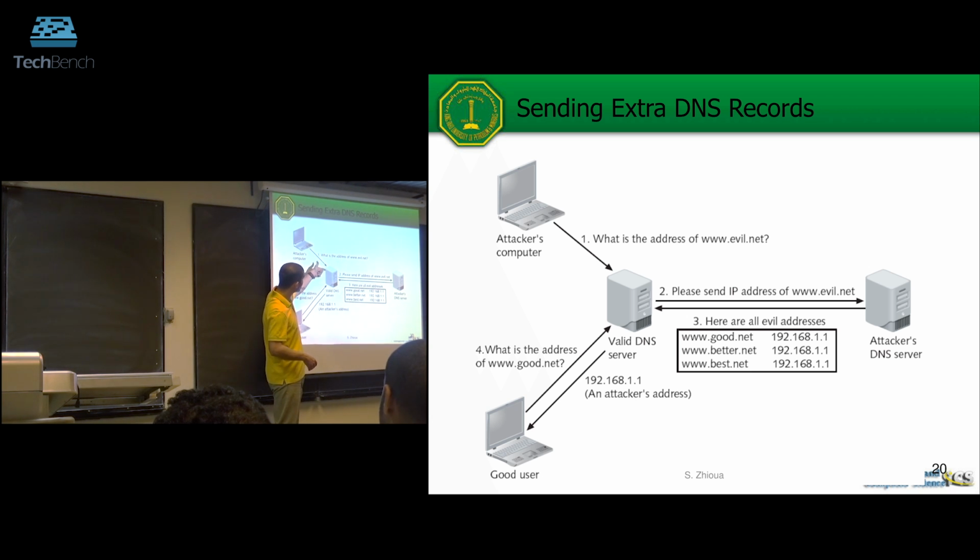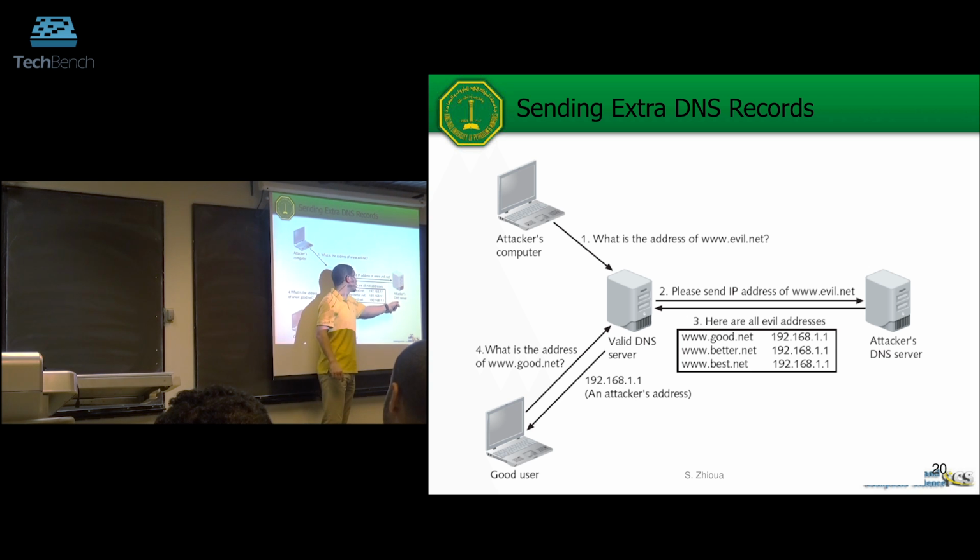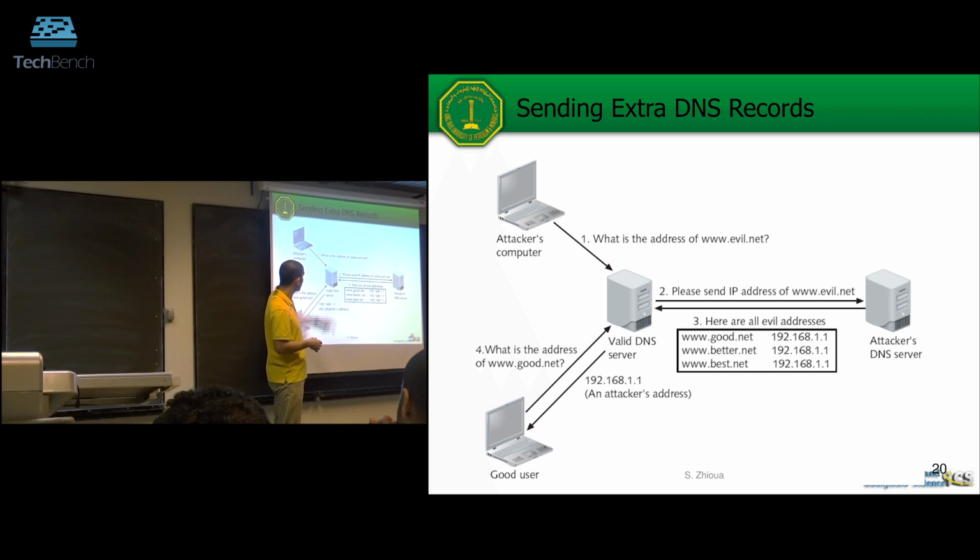The goal is to change the mapping view. So this server asks for one IP, and this malicious DNS server will answer with extra mappings to change the mapping here and then the IP that is received by this good user.